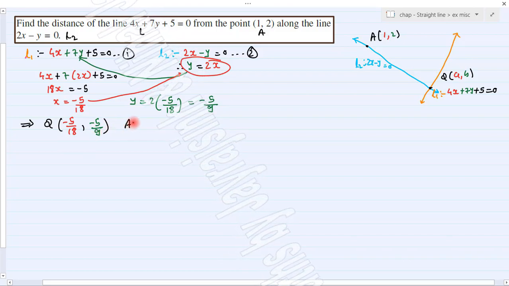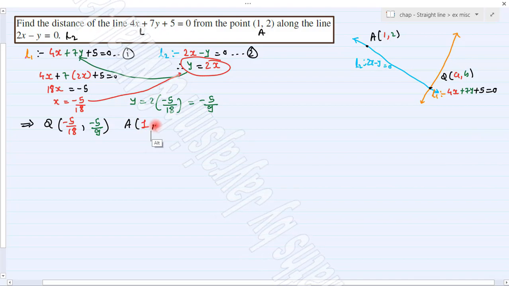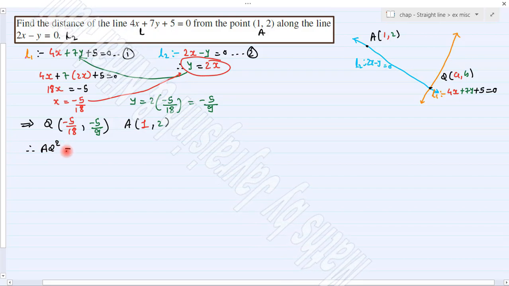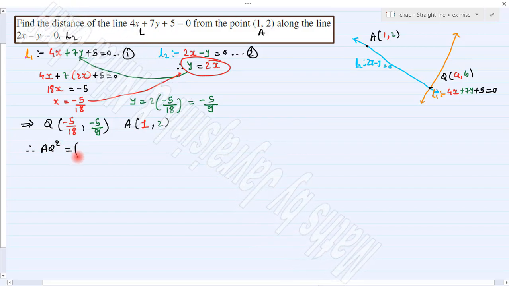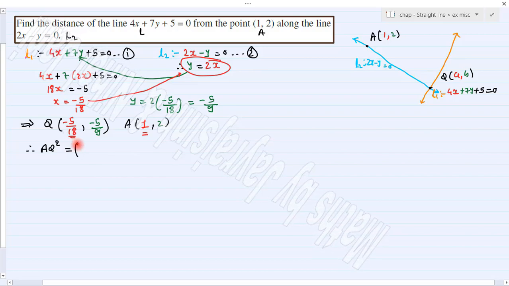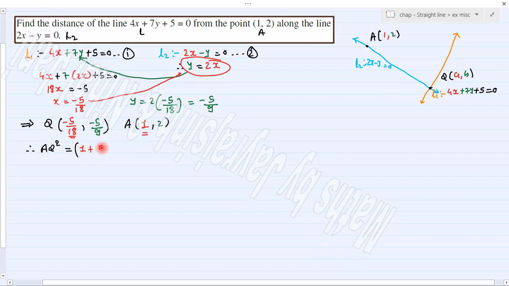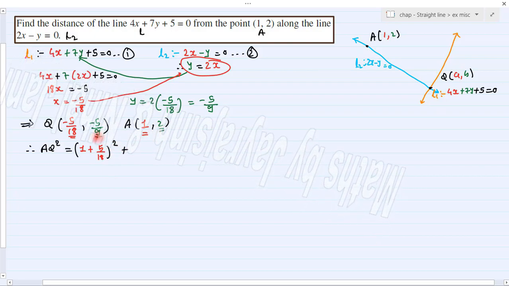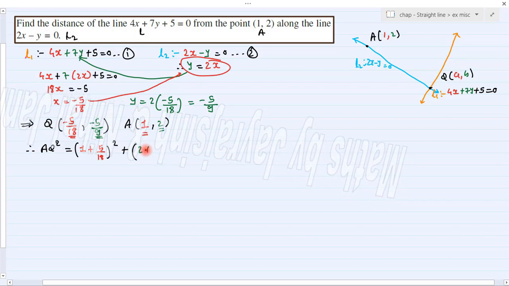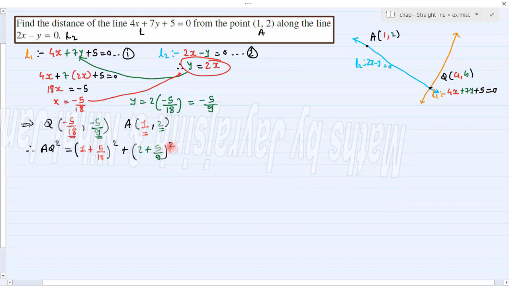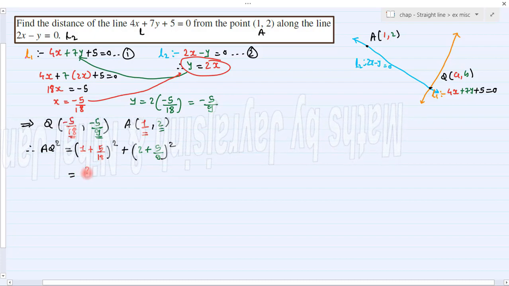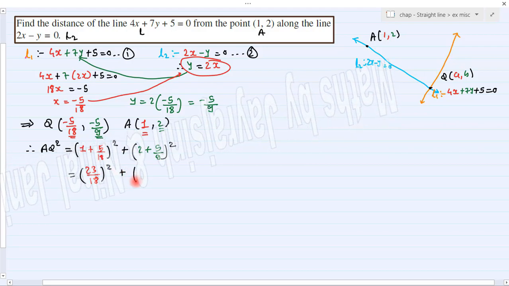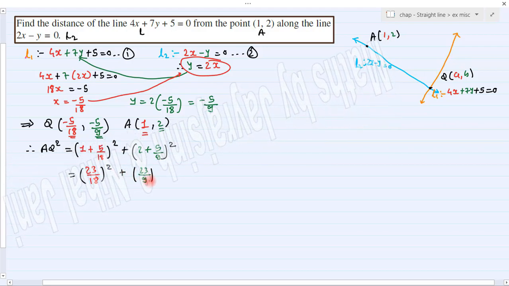And we already have the coordinates of A, which is 1, 2. And we just have to find out the distance between A and Q. Let's find out AQ square, which is nothing but the difference of x coordinates the whole square, or we can say 1 plus 5 by 18 the whole square, plus the difference of y coordinates the whole square, which will give us 2 plus 5 by 9 the whole square. So we will get 23 by 18 the whole square plus 23 by 9 the whole square.